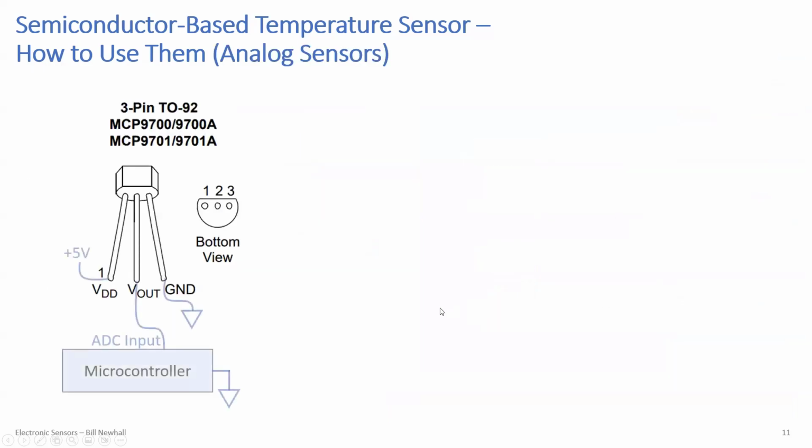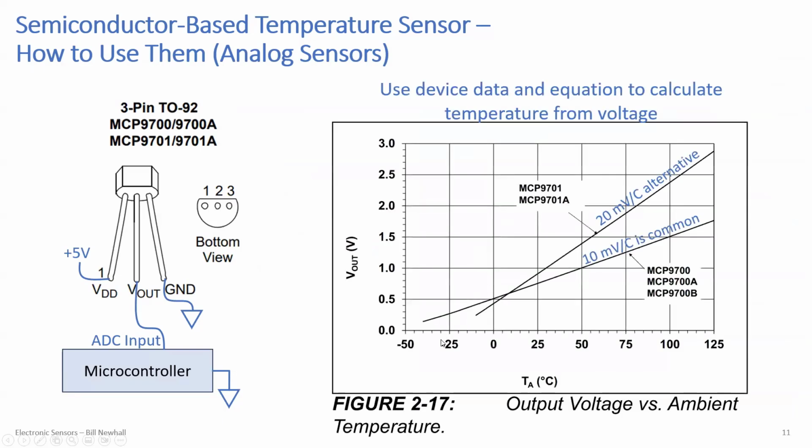Okay, so for analog sensors, apply 5 volts, apply ground, read the ADC input with a microcontroller, make sure you have a common ground. And here's the plot of voltage out of the device versus temperature. Right, so the device that we just talked about, and I gave the equation for it, is the 10 millivolts per degree C. That's a common slope.